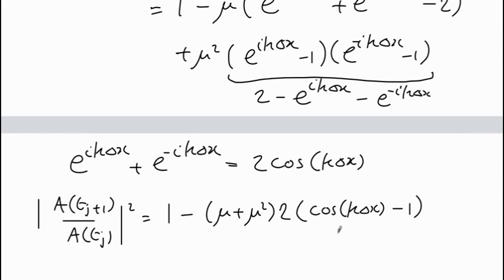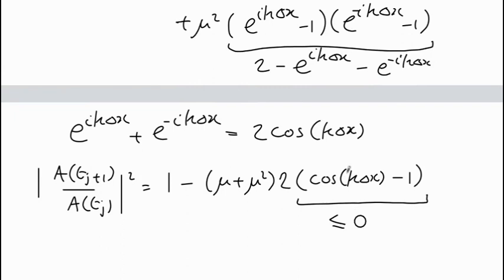Okay, so now this quantity here, cos minus 1, is always less than or equal to 0. The most that cos can ever be is 1, so this can at most be equal to 0. So this is always negative. This has a minus sign here, and so if this is negative and this has a minus, then this must be negative.